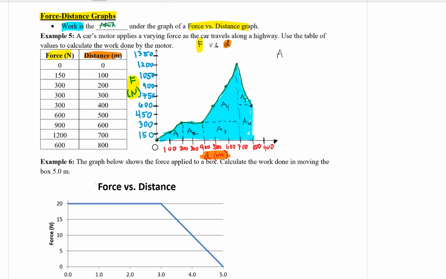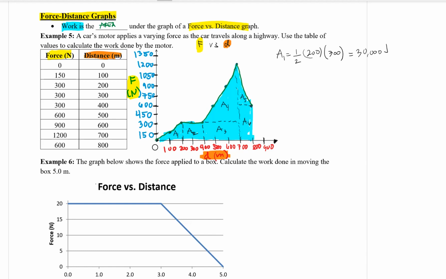So A1 is just a triangle, and getting the area is just 1/2 of the base times the height. The base is 200, and then the height is 300. So that gives me 30,000 joules.